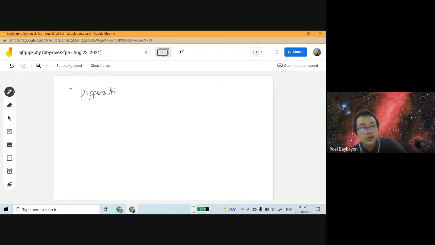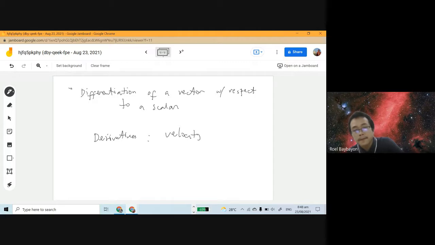differentiation of a vector with respect to a scalar. So we have the derivatives like velocity and acceleration.